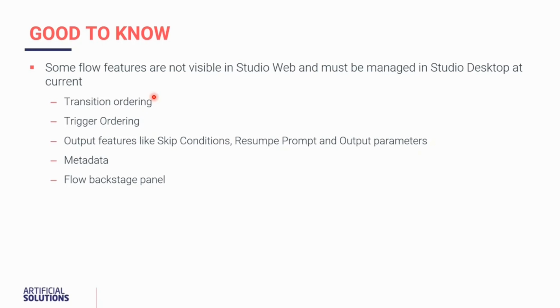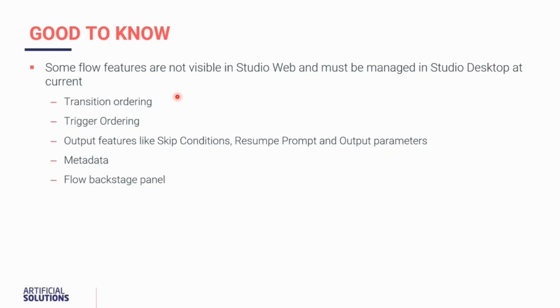So if you need to work with those, you need to go into your Studio desktop currently. I've listed here I think all of them, but at least the ones that are very important for you to know, that currently you cannot adjust in the web version. You need to use your desktop to do that. So one of those is transition ordering.